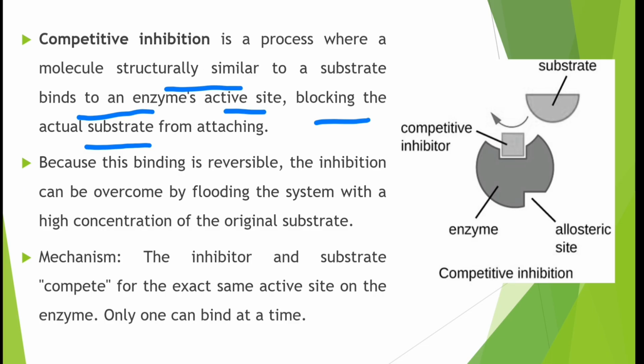This kind of inhibitor looks just like the original substrate of that enzyme, so it attaches on the active site. Because this binding is reversible, the inhibition can be overcome by flooding the system with a high concentration of original substrate. So competitive inhibition can be reversed by adding more substrate to the system.